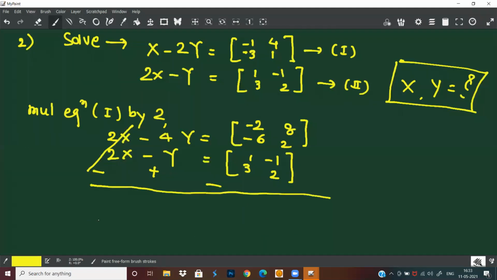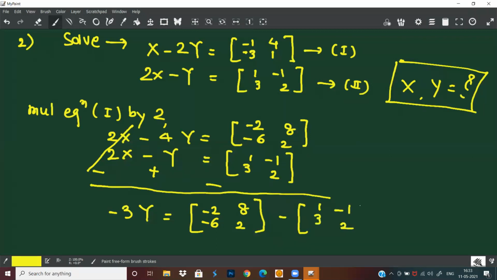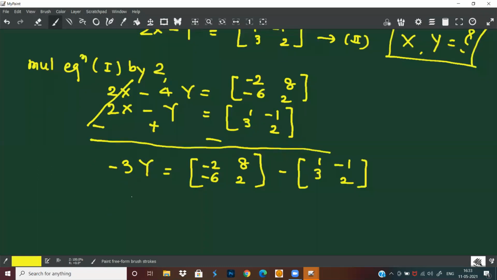So minus 4y and plus y will be minus 3y. Minus 2, 8, minus 6, 2. Super.